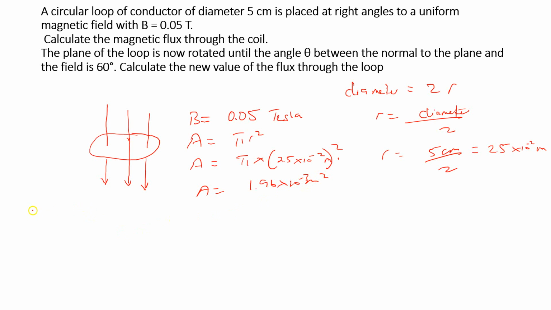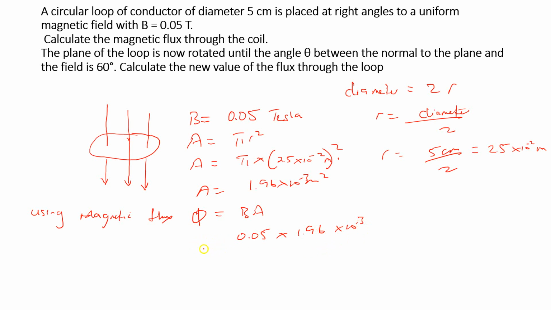Now we're trying to find the magnetic flux, where psi is equal to B times A. So we have all the information now. We have B, which is 0.05, times the area, which is 1.96 times 10 to the minus 3.